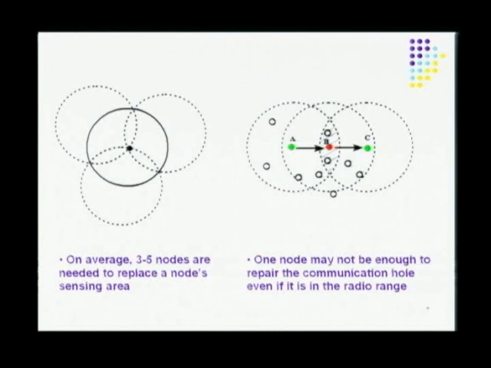So in this case, we need 3 redundant nodes to cover this active node. When this active node dies, we need these 3 redundant nodes to wake up, to take over, to completely replace the active node. And this is only coverage-wise, and then the communication-wise.